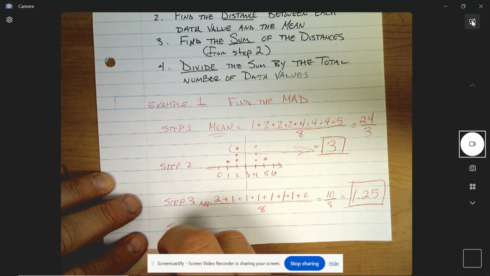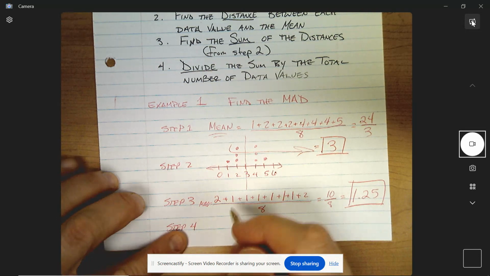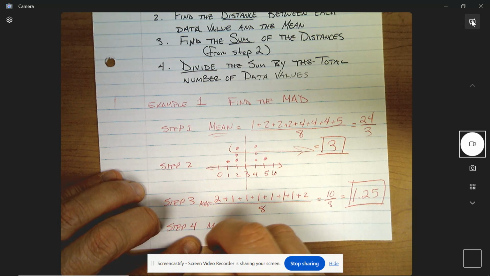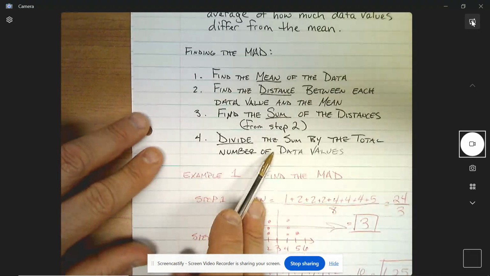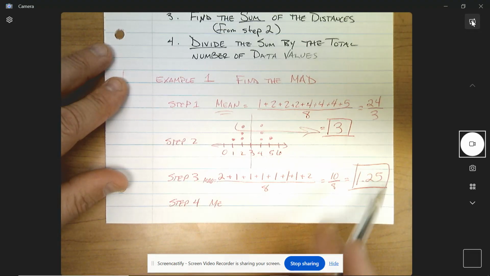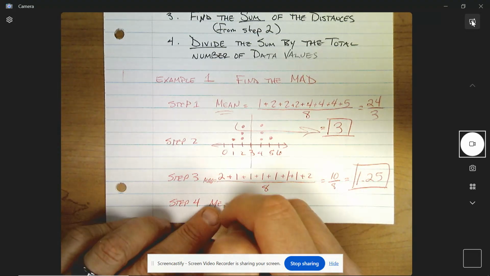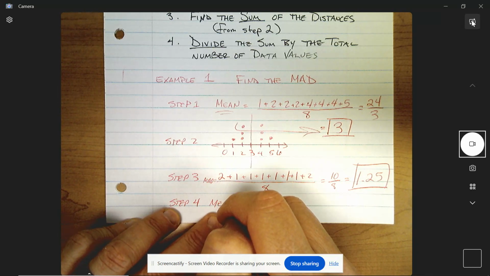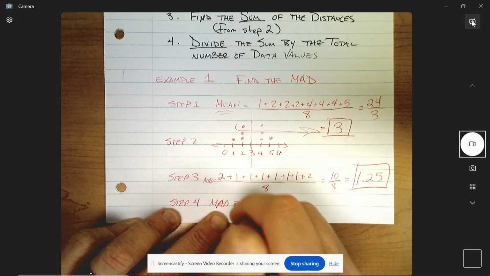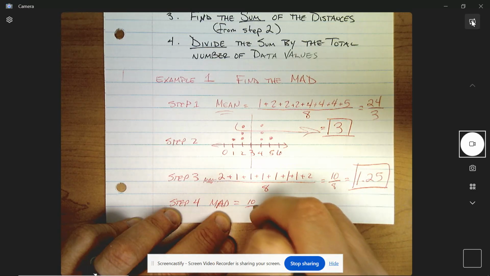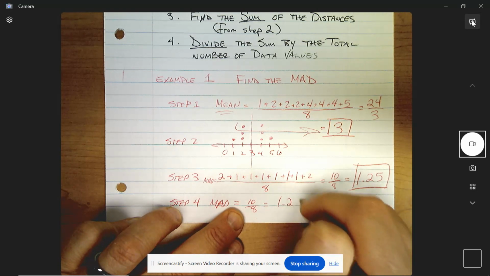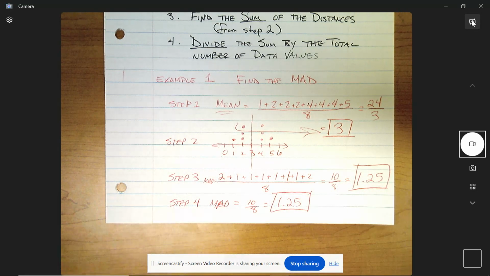So, step 4, mean. Oh, I already did that. I divide the data. I did that up here. That's actually step 4. The mean absolute deviation equals 10 divided by 8, which is 1.25. All right.